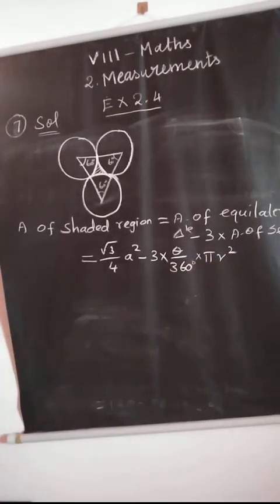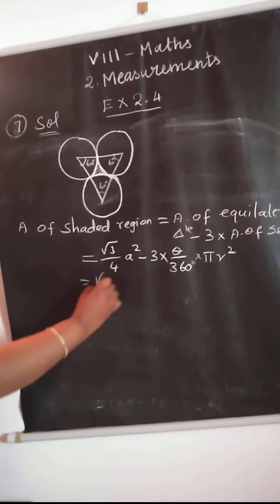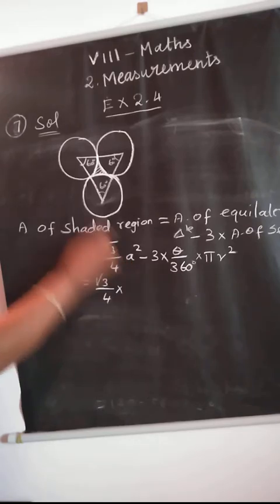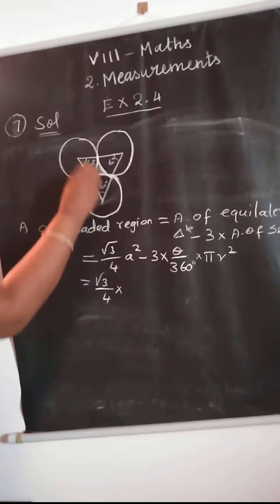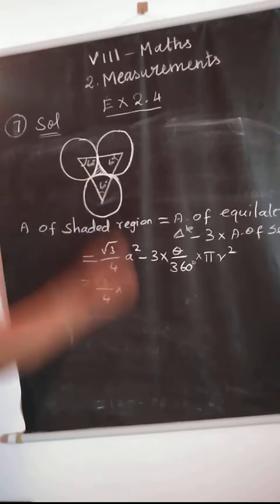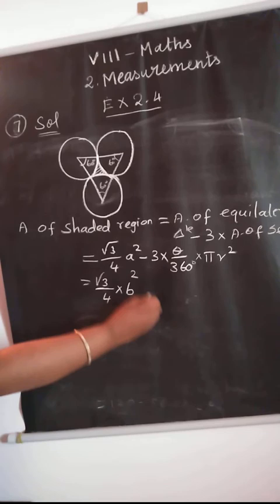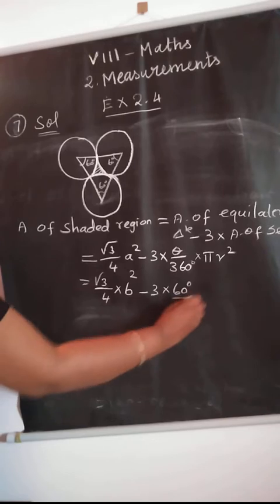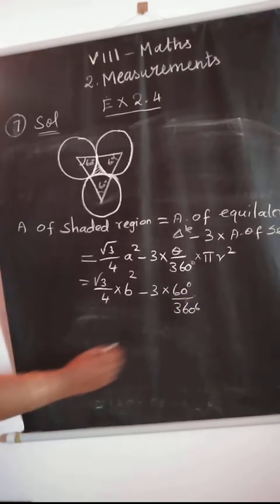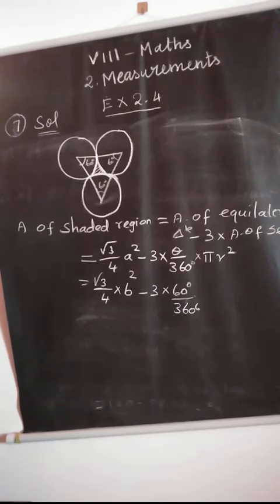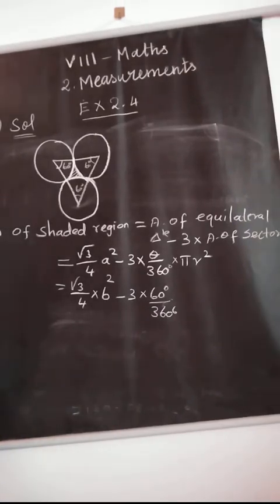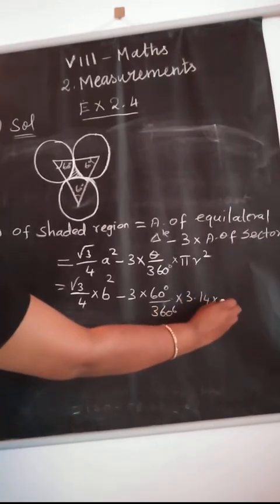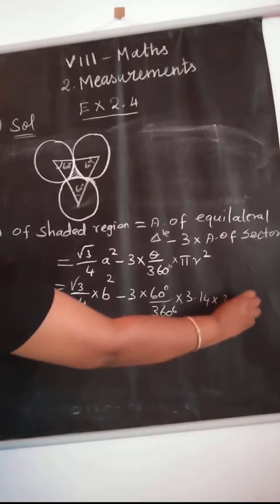Now substitute the value. Root 3 by 4 into side a. They gave 6 diameter, so this fully 6. So we should take here 6 squared minus 3 into theta 60 degree by 360 degree into pi value 3.14 into radius. We should take here 3 into 3.